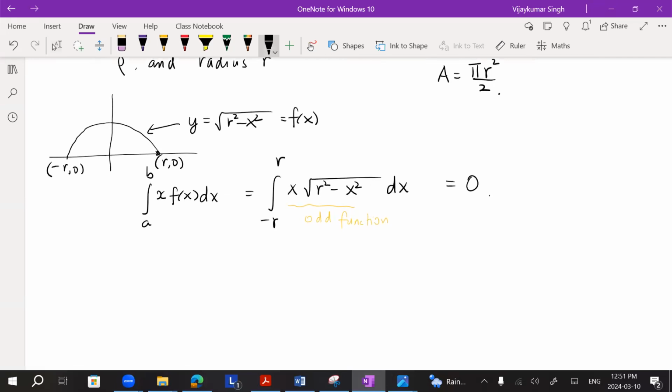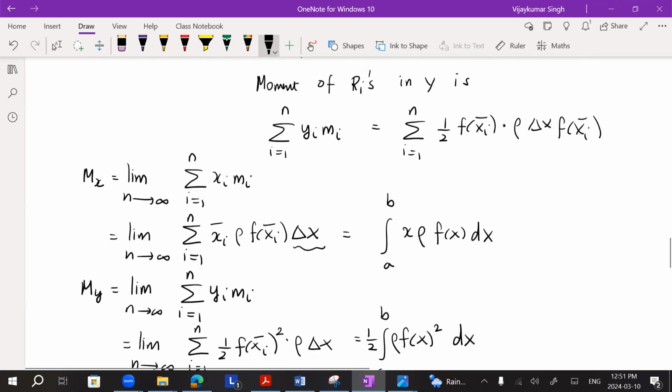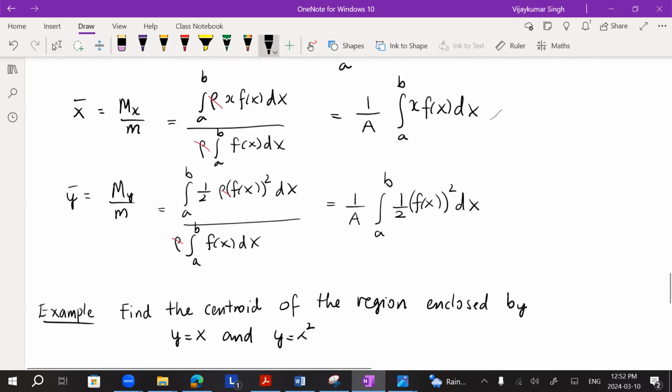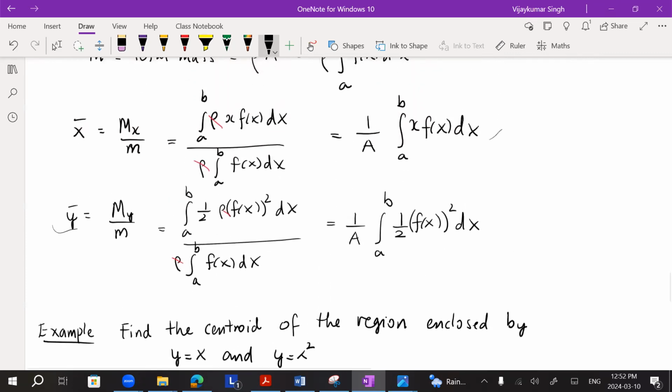Now, to compute My, we do the following integral: half f of x the whole square dx. Of course, My has also rho multiplied to it, right? Recall my formula is half the integral a to b of rho f of x square, but we are computing y bar directly here. So for y bar, I need this integral of half f of x square dx, and then I'm going to multiply it by 1 by A at the end.